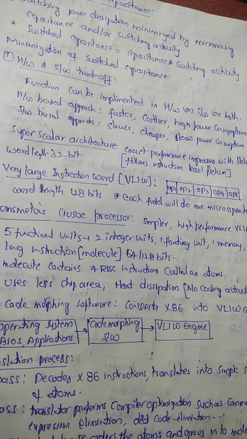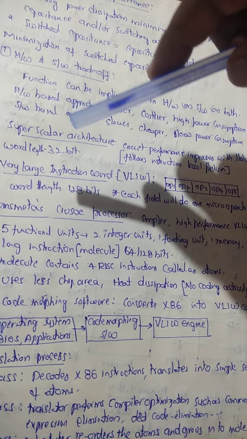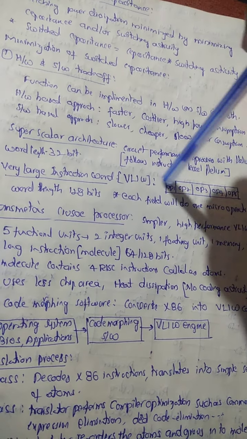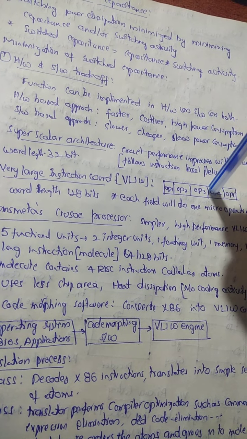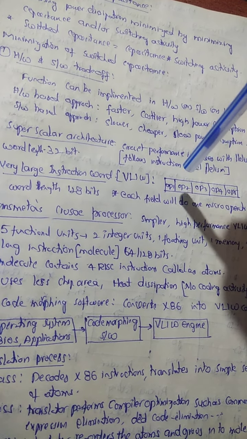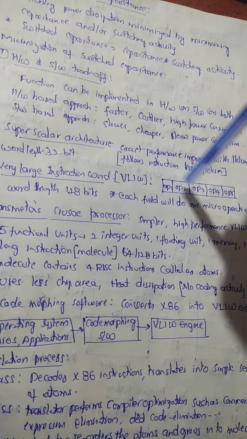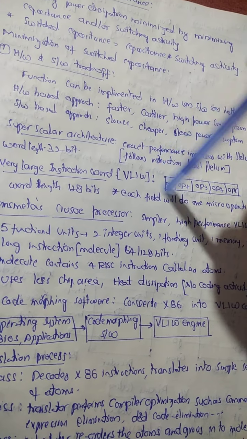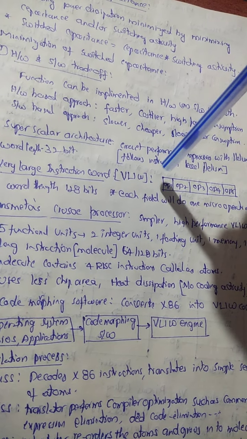In case of VLIW, the single instruction may have 4 or 5 fields. Each field will do one micro operation.